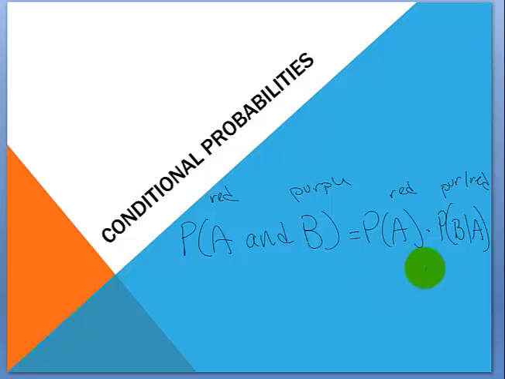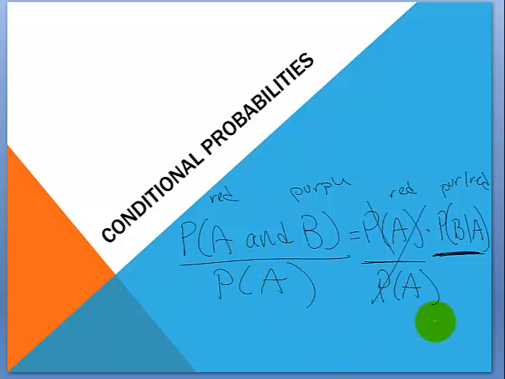A lot of the times the question's saying, find the probability of the purple given the red, or find the probability of the event B given event A. So what we can do is just think of this as an algebraic equation, and we can divide both sides by the probability of A. So a lot of the times when we're looking at conditional probability, this is the formula that you're going to use: the probability of event A and B occurring over the probability of the first event.